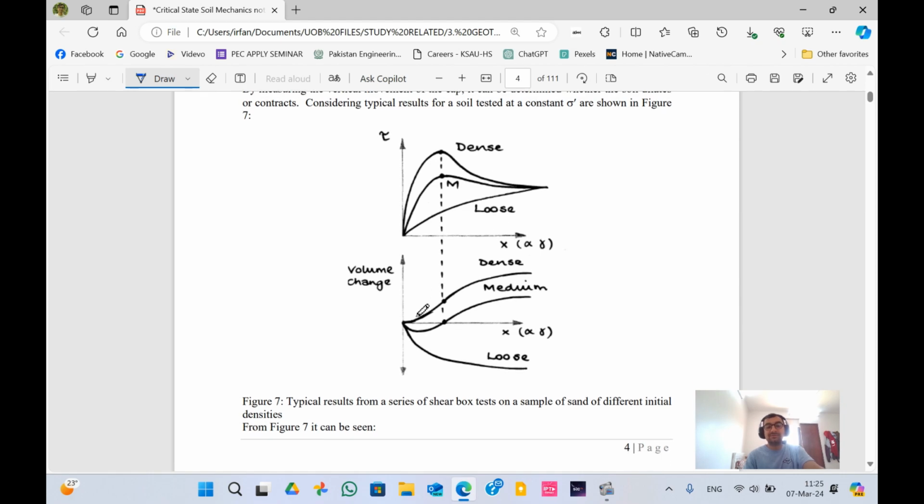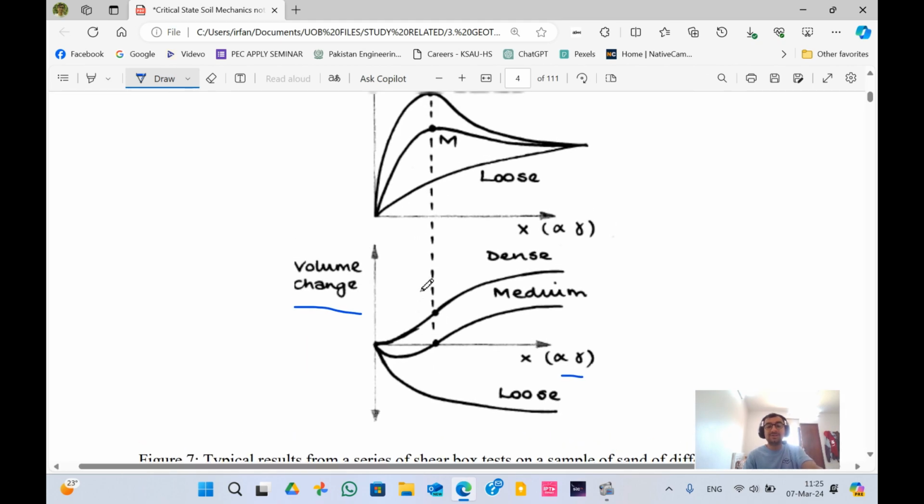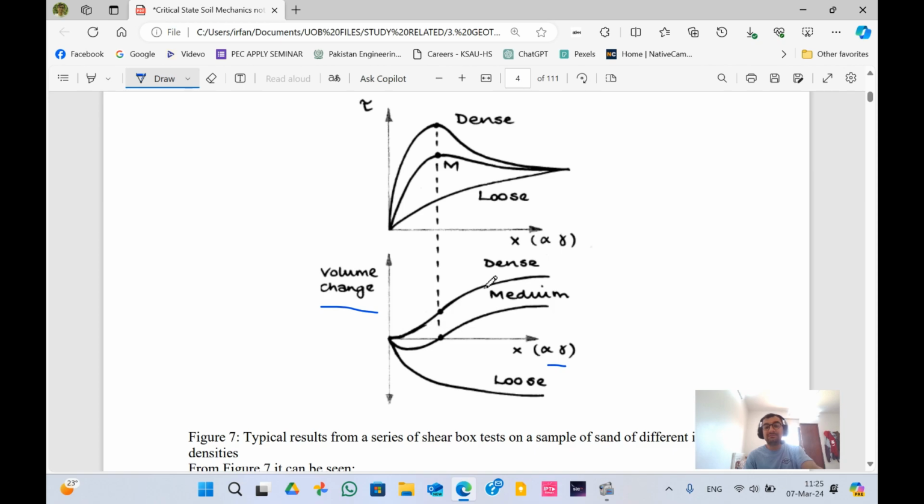Now, if we plot the same thing on the volume change against strain graph, you can see that dense soils tend to undergo dilation. After reaching the peak, it starts disintegrating and starts to increase its volume. The above section means that it is being dilated, the size is being increased.